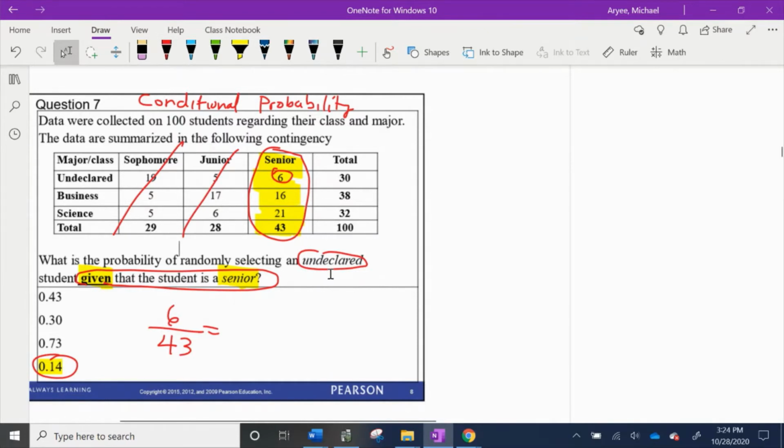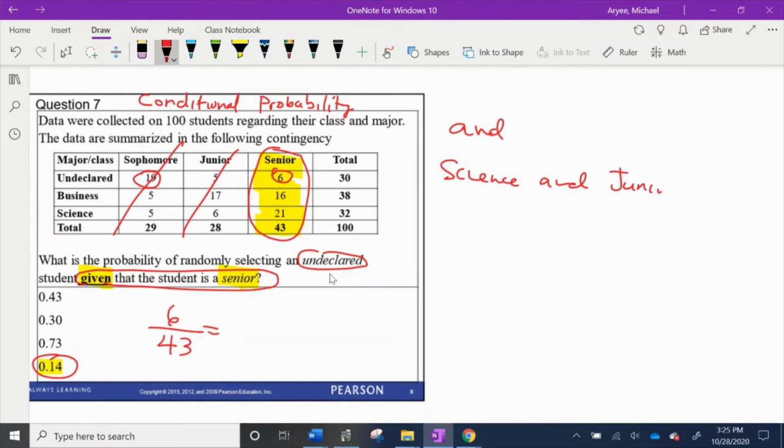So now, by the way, and is the intersection. So what they say is science and junior, right? Science and junior, so you act as if you are moving on the science line, and you are moving on the junior line. Where they cross each other, that is and.